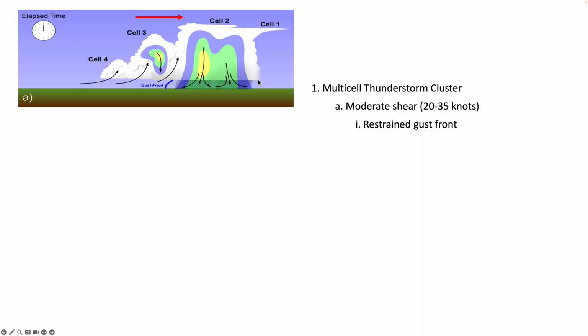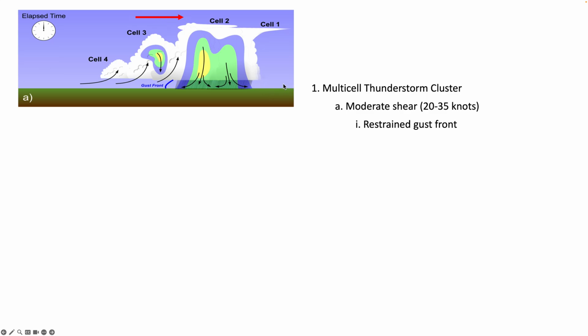Now remember that you've got gust fronts that are moving out in directions, not just in one direction from the thunderstorm. Now in this particular set of schematics, it's not showing the gust front that's moving out ahead of this storm. But note that the directional shear is in the same direction ahead of the storm as the gust fronts.